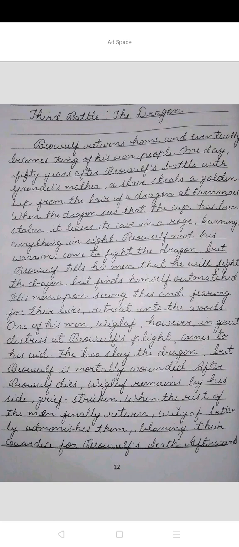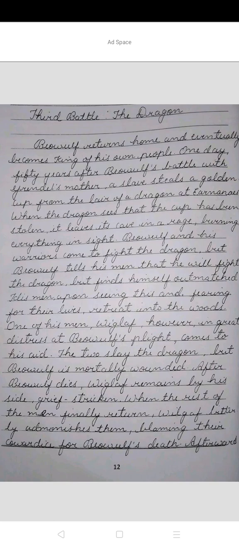Beowulf and his warriors come to fight the dragon, but Beowulf tells his men that he will fight the dragon alone, but finds himself outmatched. His men, upon seeing this and fearing for their lives, retreat into the woods.